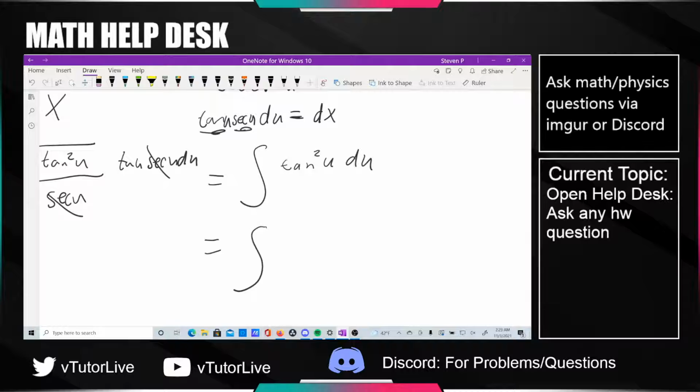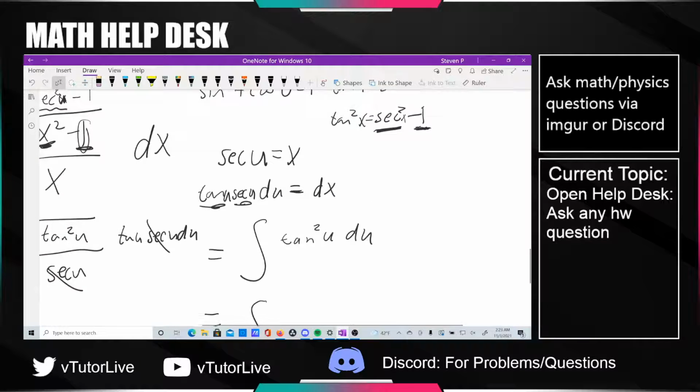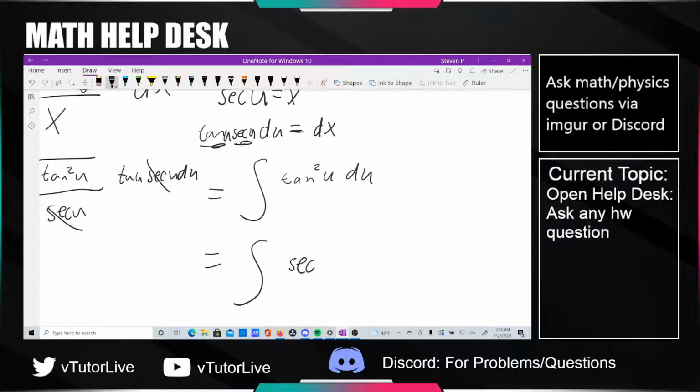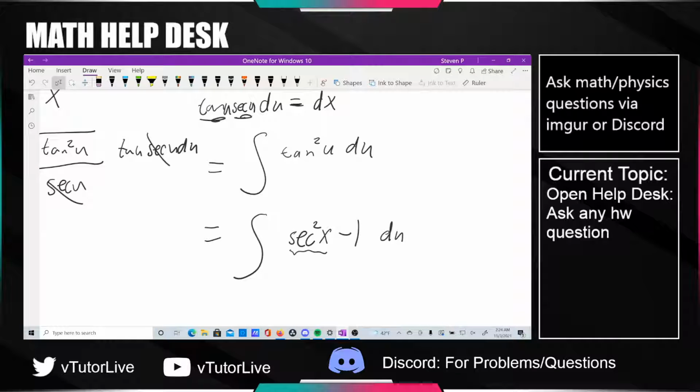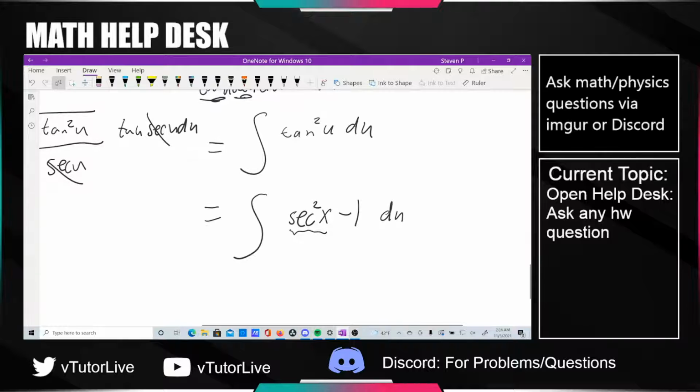Technically, tan squared is secant squared of x minus 1, du. And if you remember correctly, secant squared is actually an elementary integral. Do you remember what the integral of secant squared is?